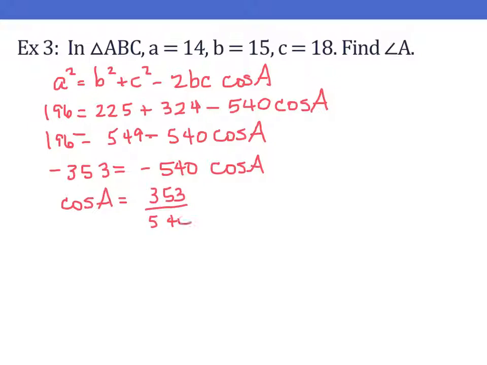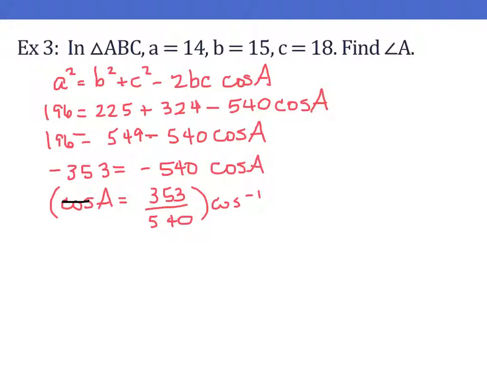And maybe this fraction is reducible, maybe it's not, but it doesn't really matter. So remember that your A is stuck inside your trig function, and you need to get it out. And the way we undo trig functions is with an inverse function. So we're going to cosine inverse both sides, which essentially cancels that cosine, but not on the right side.